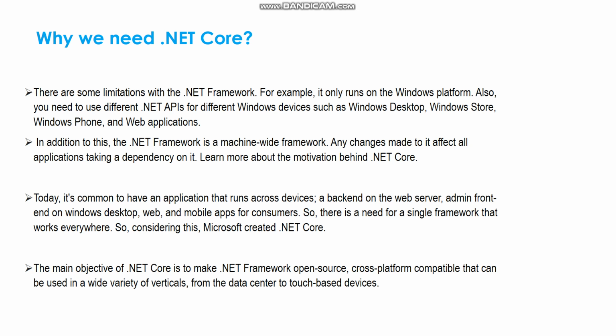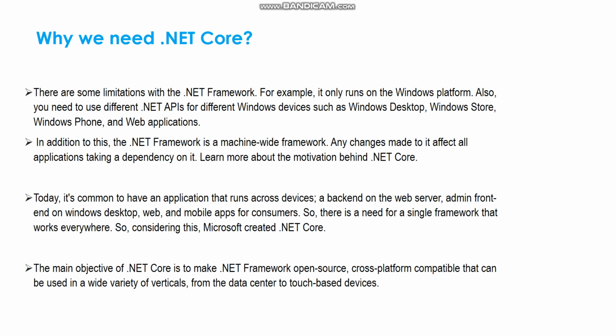Another reason we build a .NET Core application is that .NET Core is a full package: we can build a web server, front end, Windows desktop, mobile apps, or consumers. So all the things are consolidated in a single framework.